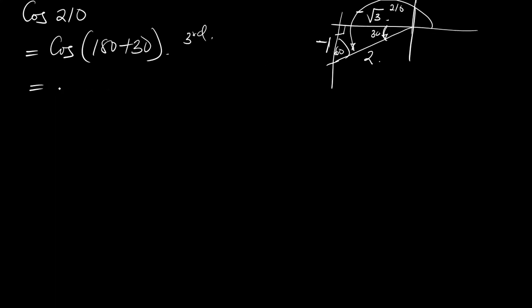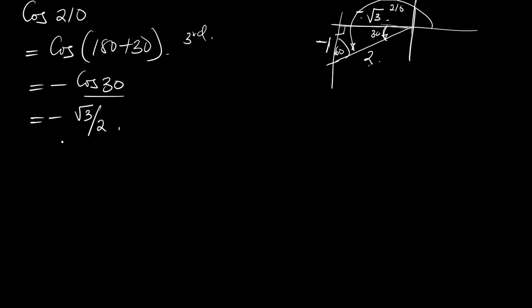Since at the third quadrant cos is negative, because you have negative here and this one is positive, it's negative. So minus cos 30, and cos 30 is equal to root 3 all over 2, which is this adjacent to this 30. This root 3 is adjacent divided by the hypotenuse. So it will give you root 3 all over 2. So that is the answer.